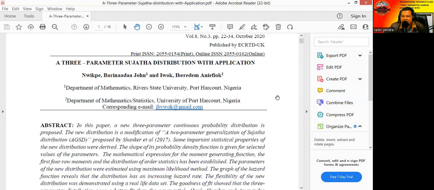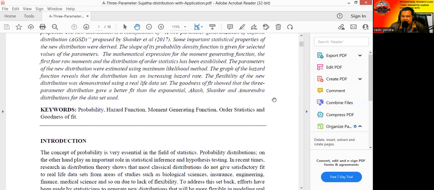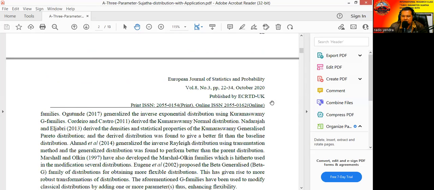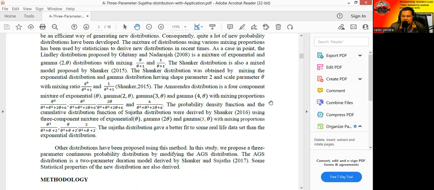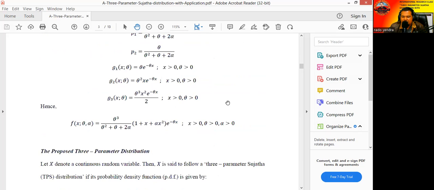In this research article, there is a good explanation of the three parameter Sujatha distribution. I mean, there is information to understand how we can produce the three parameter Sujatha distribution.